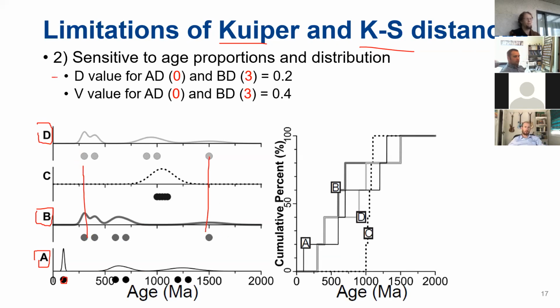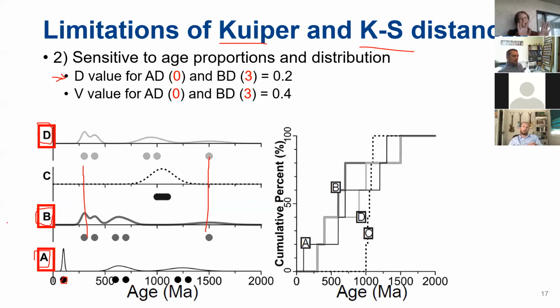So you've got these two, and then this one that are actually the same. And yet the D value for both of these is the same. And actually, if you look at the V value for both of these, that is the same as well. And so, inaccurately, what this is telling you is that these two distributions are equally similar. And so there are ways of fooling, so to speak, the Kuiper and KS distances. And again, it has to do with equally spaced distributions that fall off of one another.